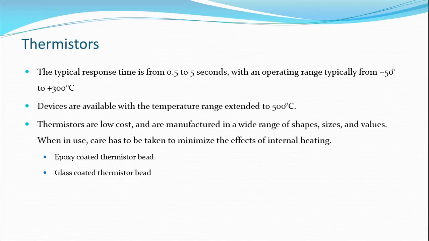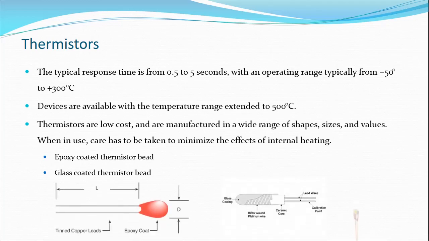There are basically two fabrication techniques of thermistor. One is the epoxy coated thermistor bead and another is the glass coated thermistor bead. Let's take a look at the epoxy coated thermistor bead. In the first diagram, you can see the epoxy coated red color thermistor bead.